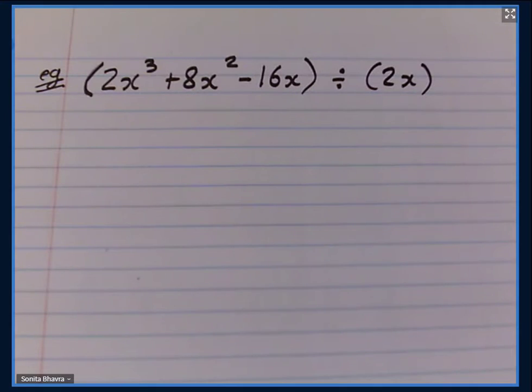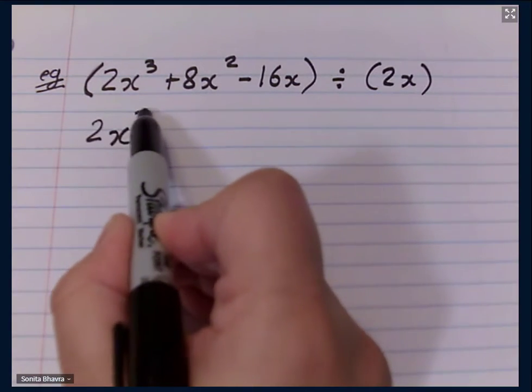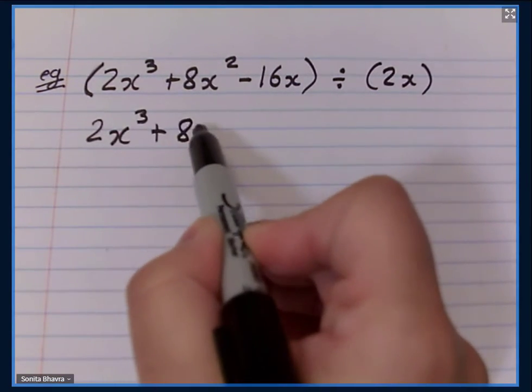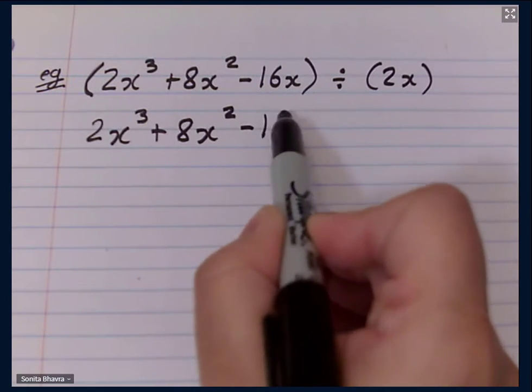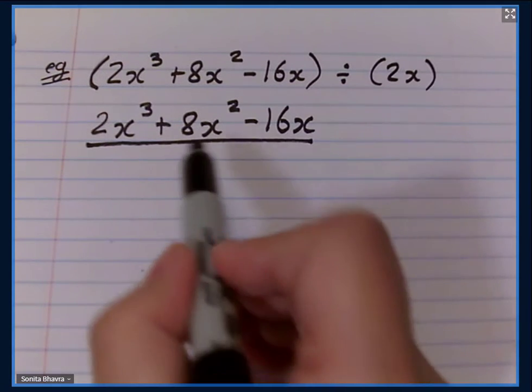All right, so here's our next example, 2x cubed plus 8x squared minus 16x, and it's being divided by 2x. So first step, let's rewrite this like this, and it's being divided by 2x.